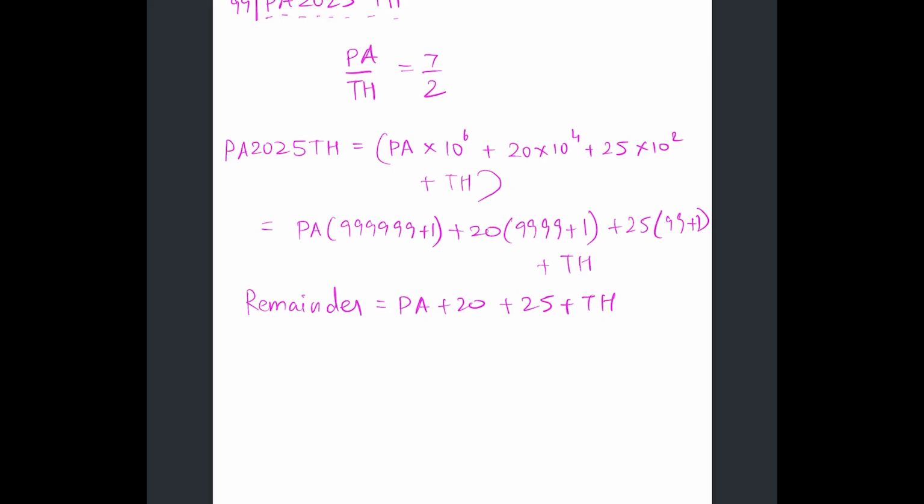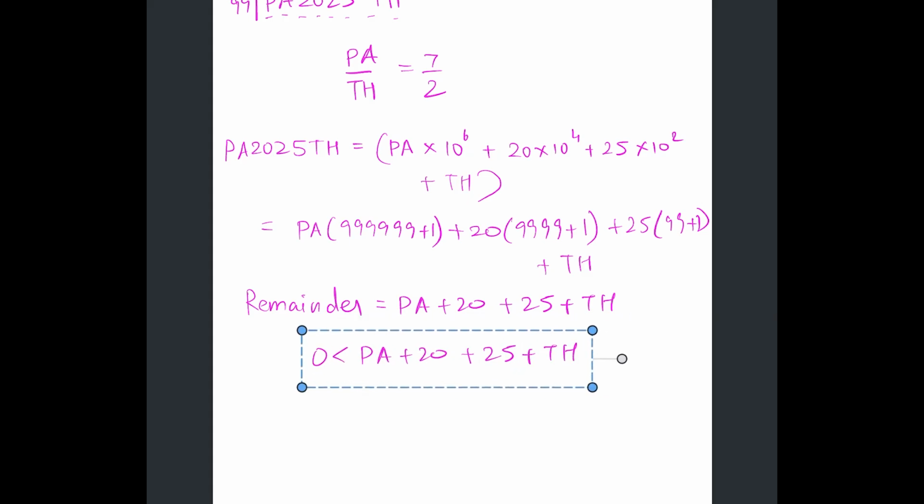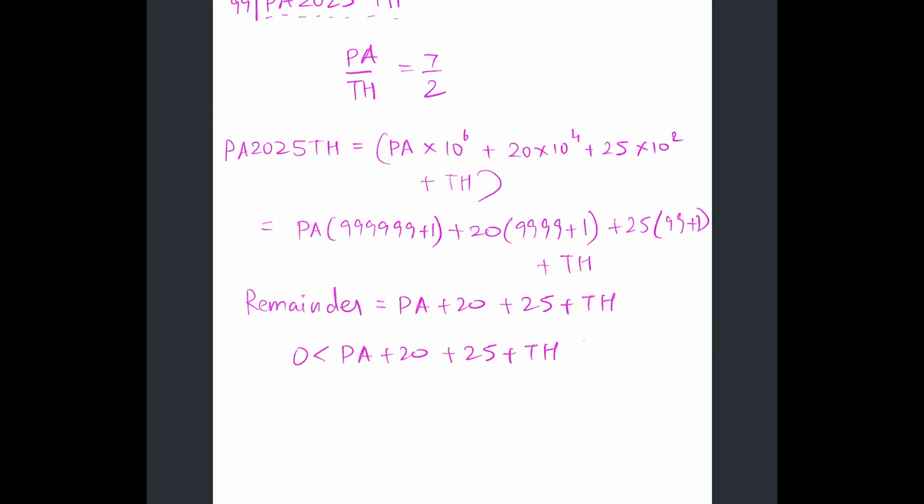I mean, this obviously is greater than 0, but because PA and TH are less than or equal to 99, because they're both two-digit numbers, this whole thing is less than 99 plus 20 plus 25 plus 99, right, which is equal to 243, right?